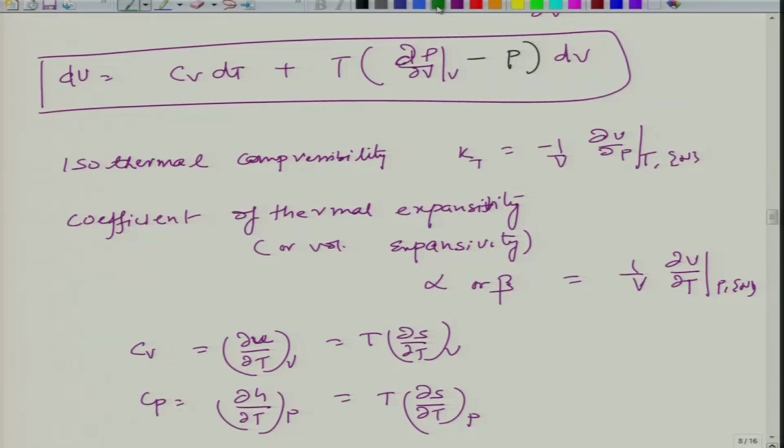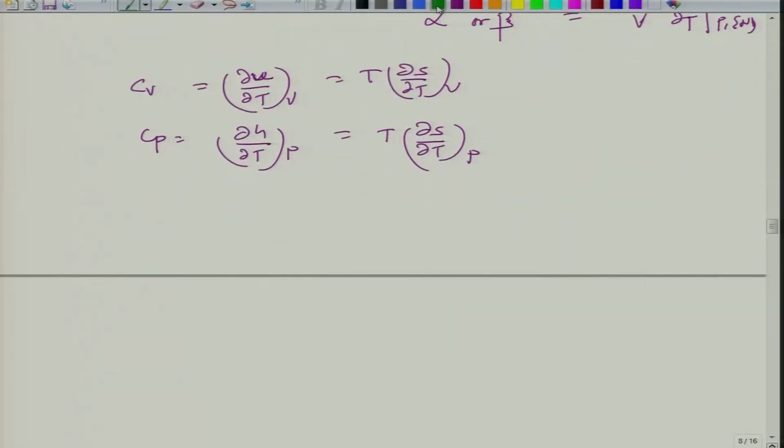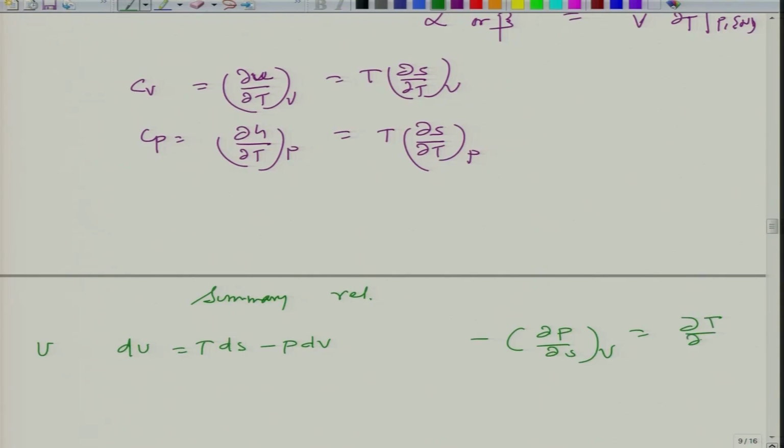By definition. Okay, so again let me summarize the Maxwell relations. We have obtained 4 Maxwell relations. From the expression dU = T dS − P dV, the Maxwell relation is −(∂P/∂S) at constant V, which must equal (∂T/∂V) at constant S. The minus sign is there because one of the coefficients is minus.